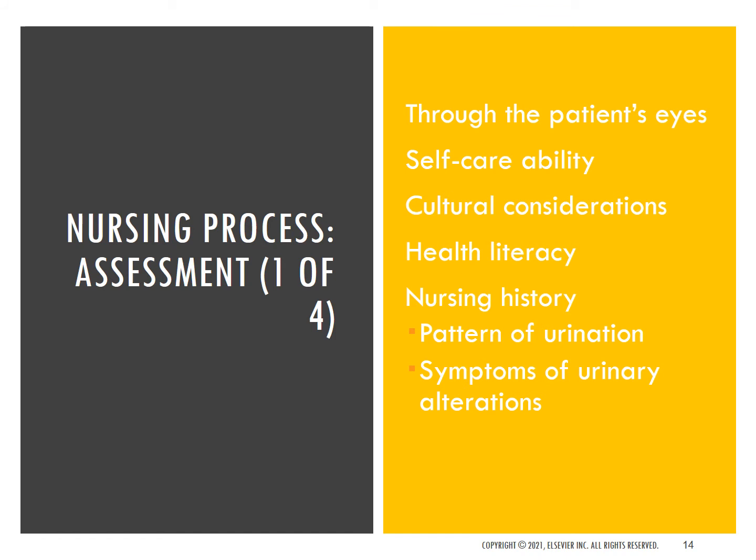Is it someone who possibly has frequent trips for urination during the night that could wake them up from sleep and they need to go to the restroom when they should be sleeping? Also, are they having any abnormal symptoms that could indicate that they have alterations in their urinary elimination?